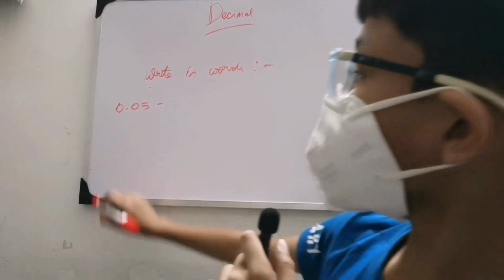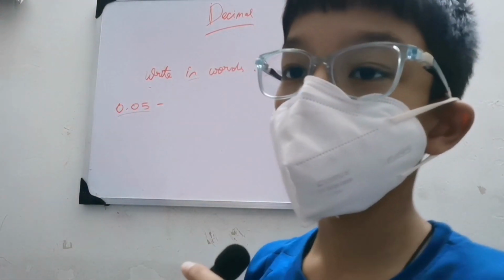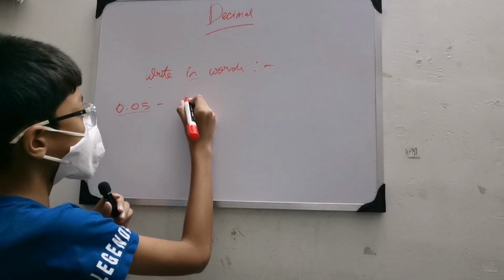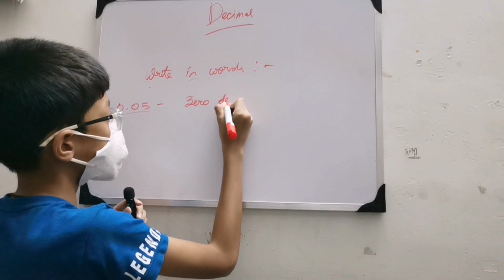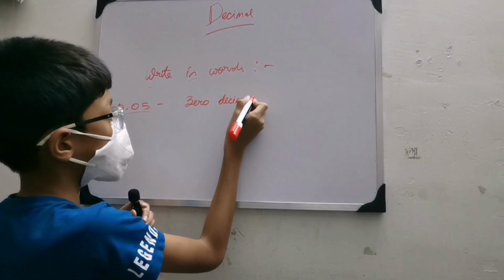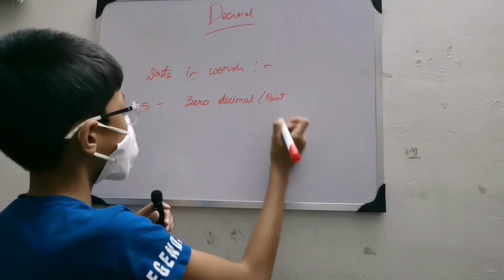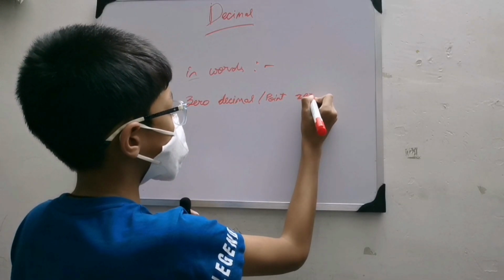Here, guys, now they will give you a question like write in words. This we have to write in words. Nothing challenging. 0 decimal, or you can write point also. 0.05.